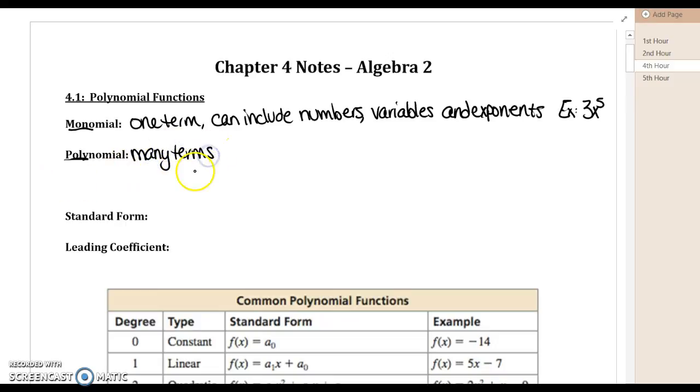Now, why did I leave so much space under polynomial? There are two rules for polynomials, so I left enough room for you to write down what these two rules are. The first rule has to do with the coefficients.